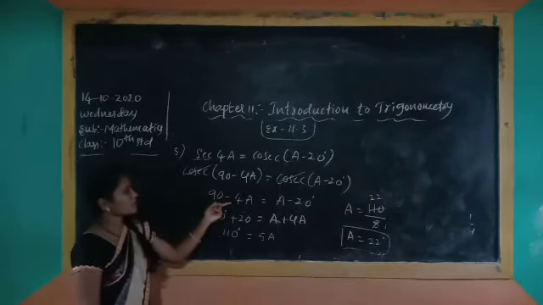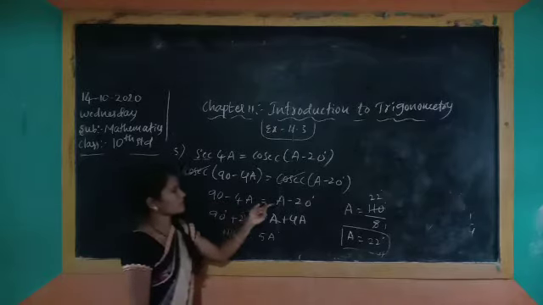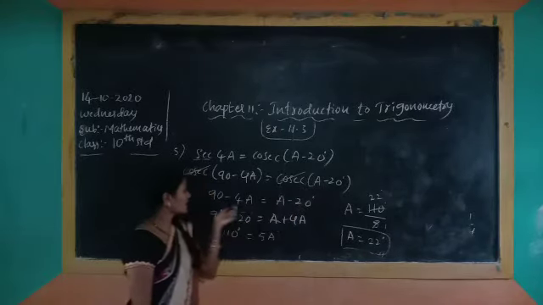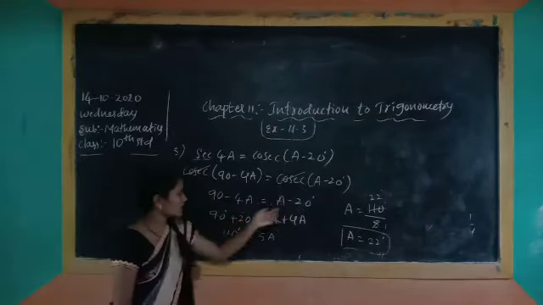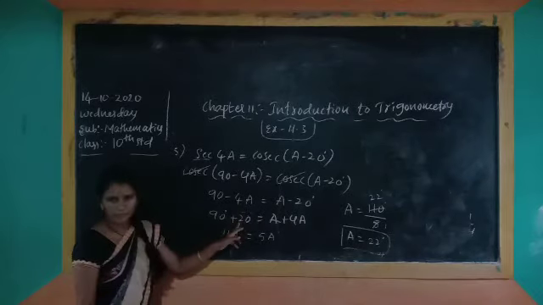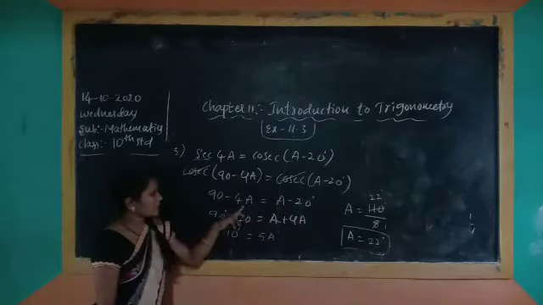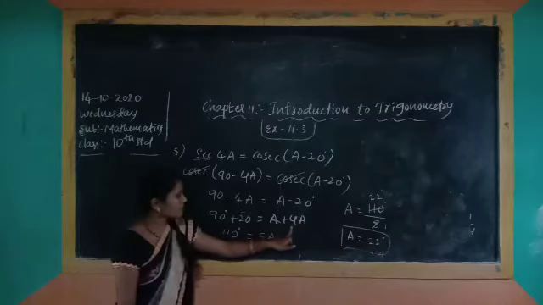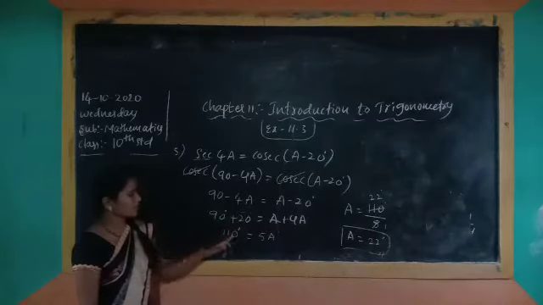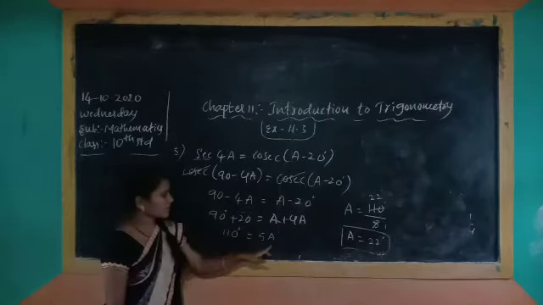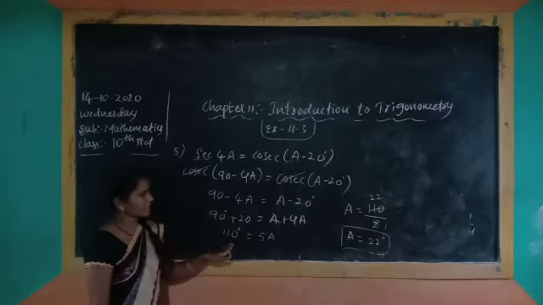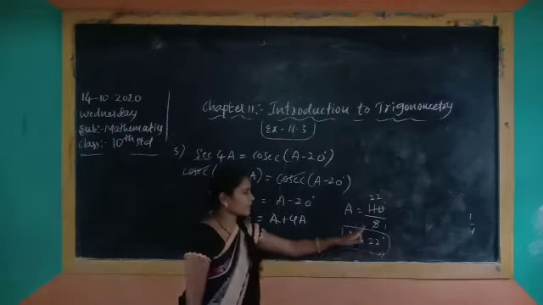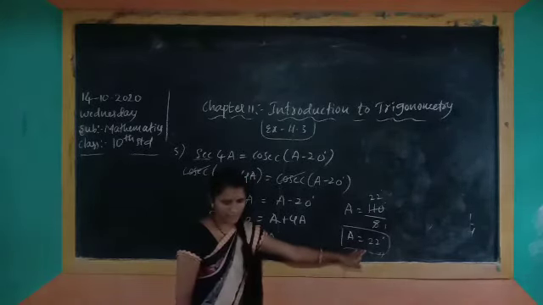Remaining, write as it is: 90 minus 4A is equal to A minus 20 degrees. Minus 20 becomes plus 20, and A minus 4A becomes plus 4A. 90 plus 20 is 110, A plus 4A is 5A. So 5A is 110. Divide, and you will get A as 22 degrees.